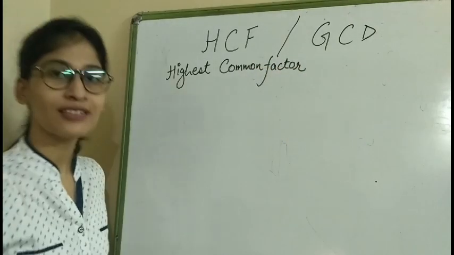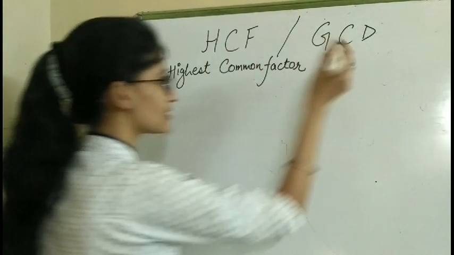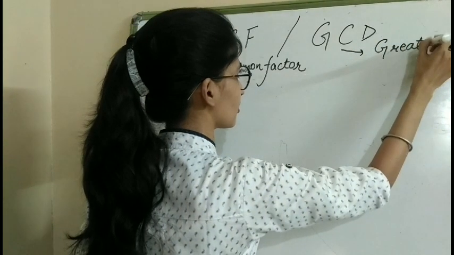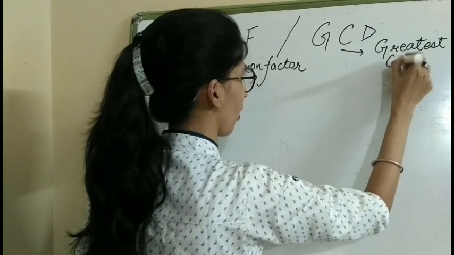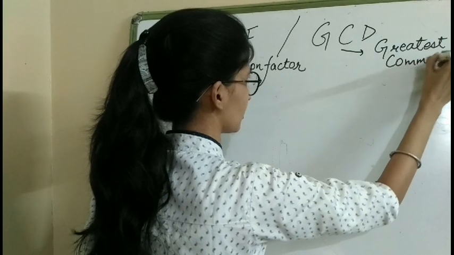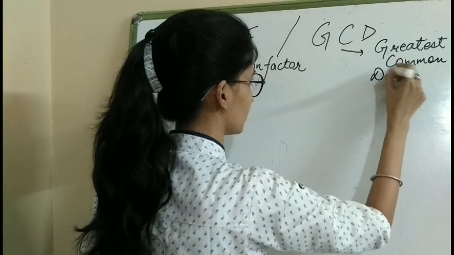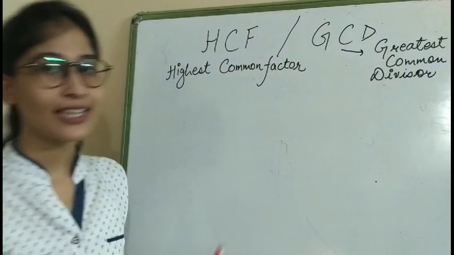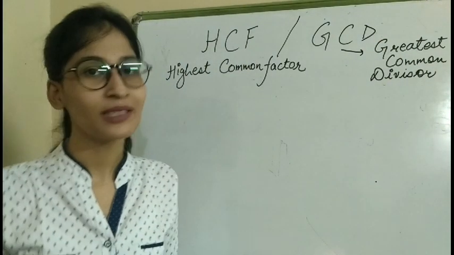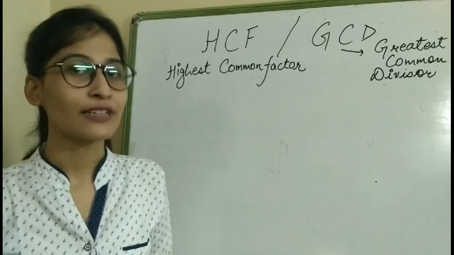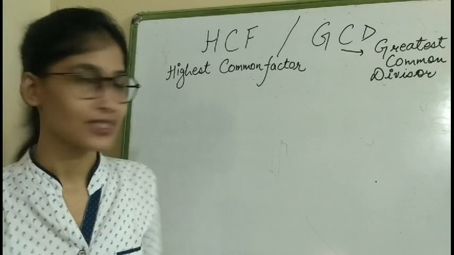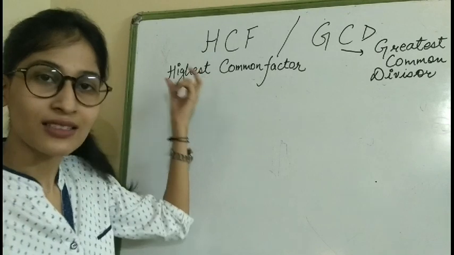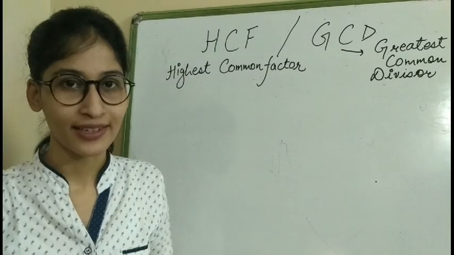And if we are using the term GCD, GCD stands for greatest common divisor. So in the case of LCM, we were finding the multiples, but for HCF, we have to find the factors. And out of all the given factors, we have to select the largest or the highest one.